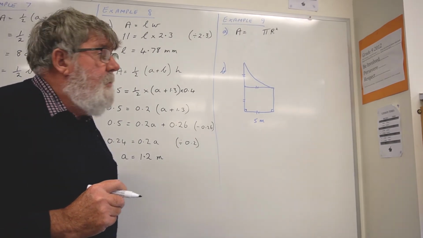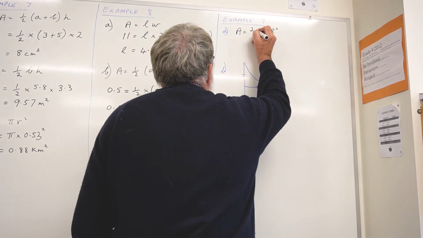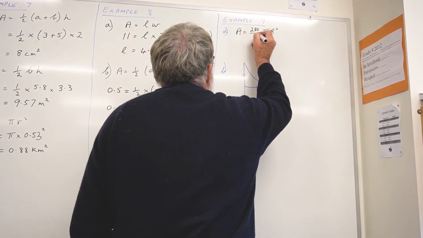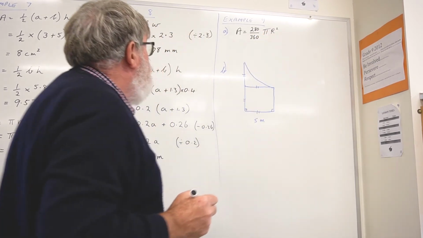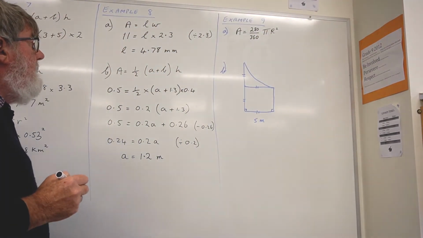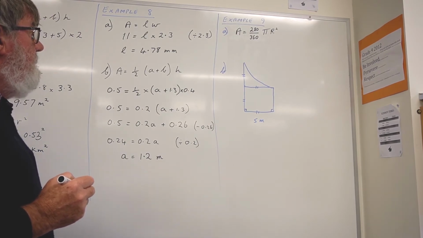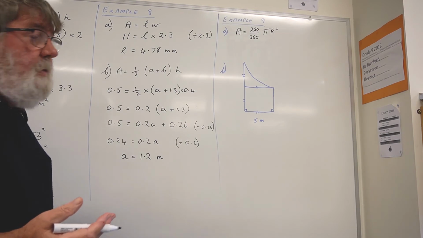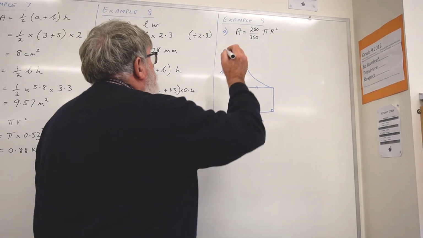So with the 80 degrees missing, then you've actually only got 280 degrees of the circle involved. So you've actually got 280 360ths of your circle. So simply, it's the formula for the circle with 280 over 360 there.